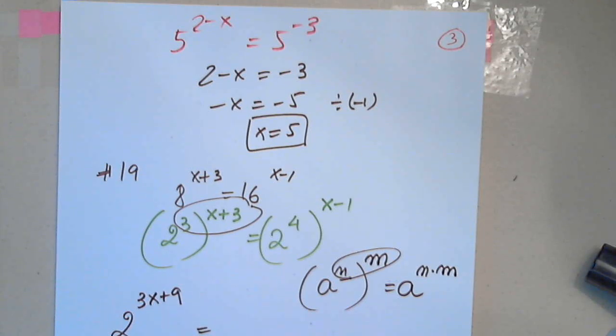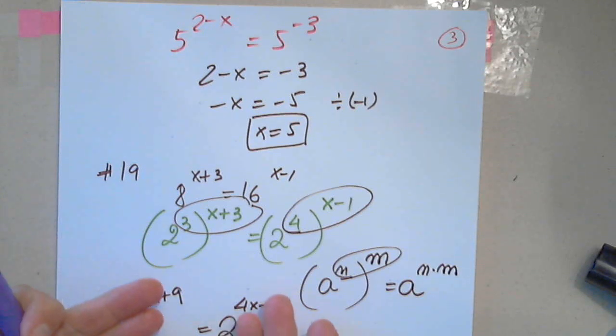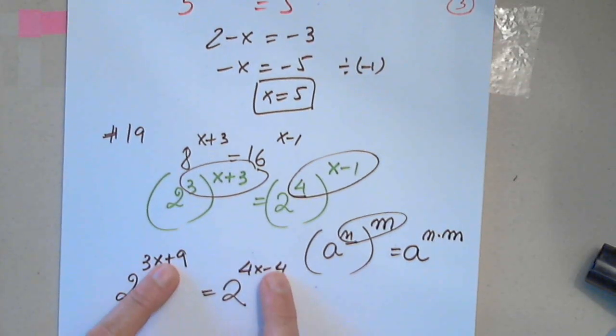I distribute. I copy the base and I multiply the exponents according to this rule. And I have 4x minus 4. And yes, now I'm back to the previous situation that I was in a few minutes ago, with all cases from before. Two numbers are equal, they have the same base, their exponents have to be the same.